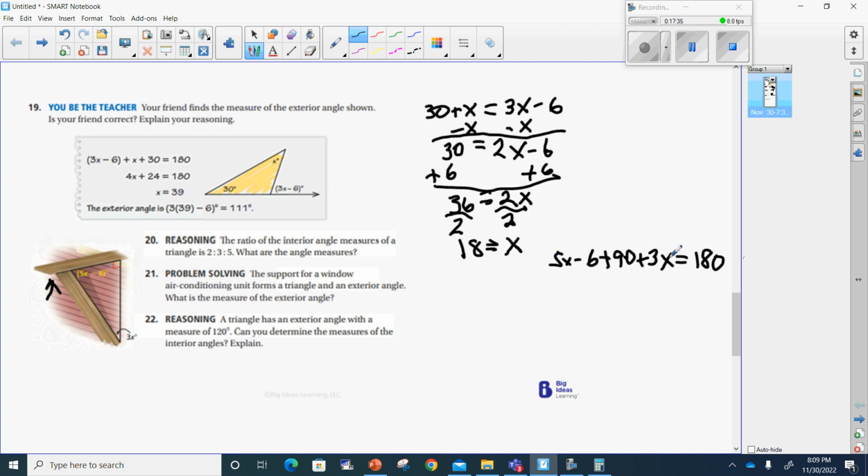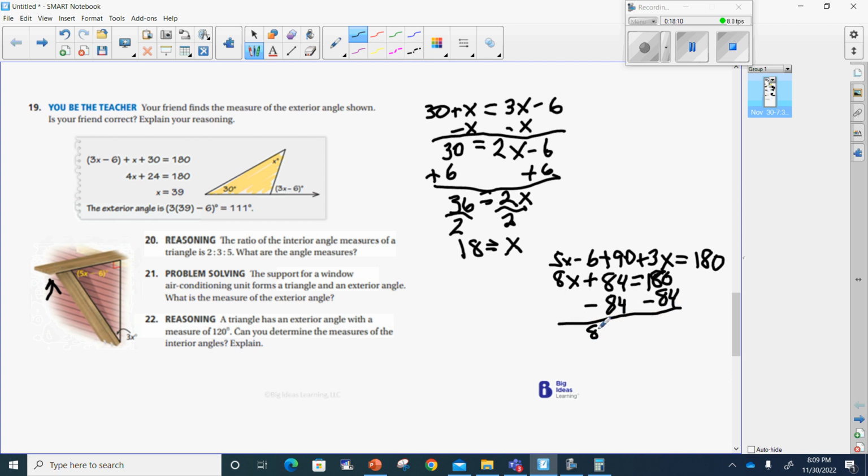I know 5x plus 3x gives me 8x. I know 90 minus 6 is going to give me 84. And all that has to equal 180. Now I'm going to have to take 84 and subtract it from both sides so I can isolate my variable.